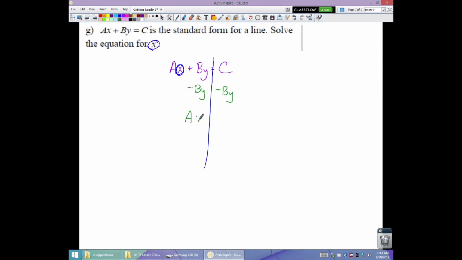I'm left with A times x equals C minus by. And to eliminate the capital A, you divide both sides by A. So x is equal to C minus by all divided by A, or x is equal to C over A minus by over A.